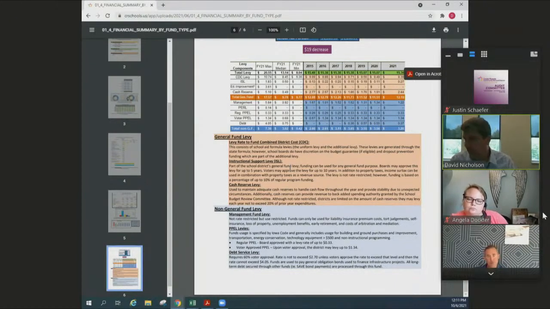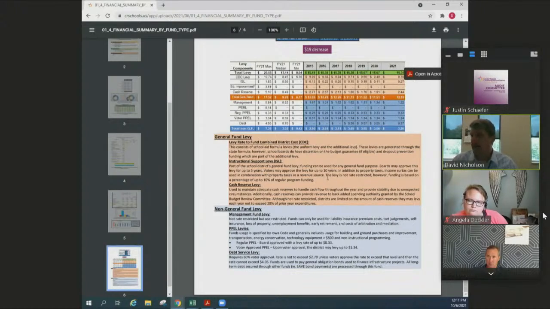The other piece that drives a lot into the general fund is our instructional support levy. That levy is something the board can adopt on their own for up to 5 years. You can see that here. The board may approve up to 5 years, and the voters may approve a levy for 10 years. It is up to 10% of the regular program funding.